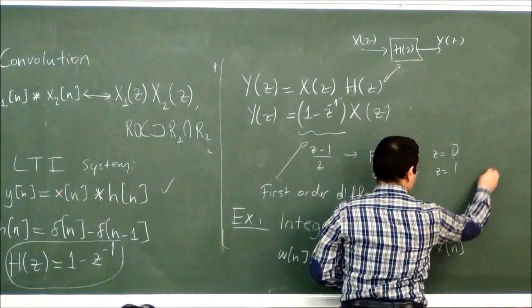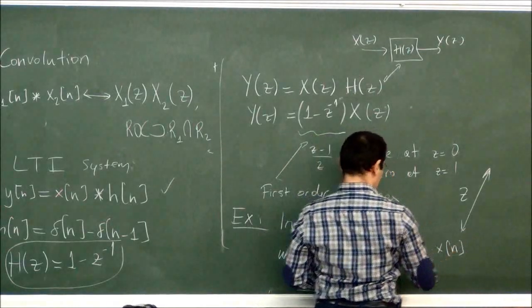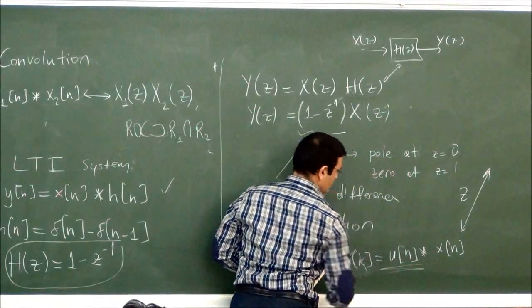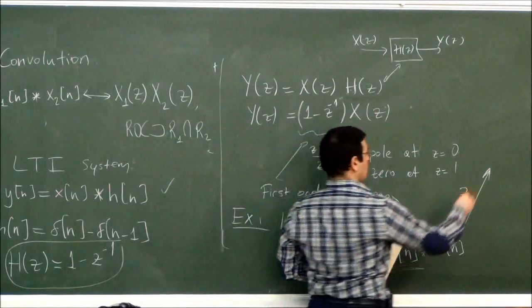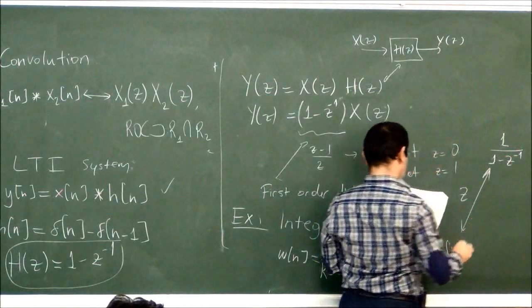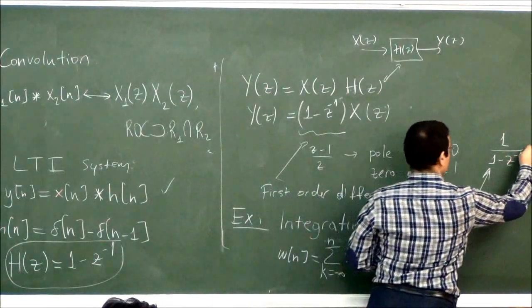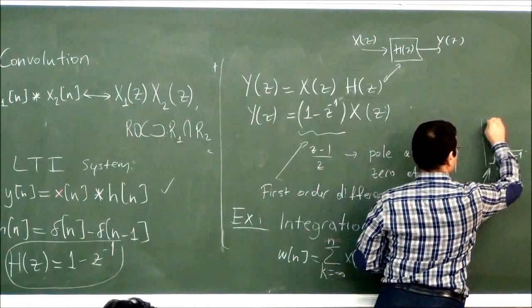What about the z transform of this? As you know, the z transform of this is the z transform of this sequence. This is the step response. What is the z transform of this step response? It is simply 1 over 1 minus z to the minus 1, right? And multiply this with X of z. So this is the integration.